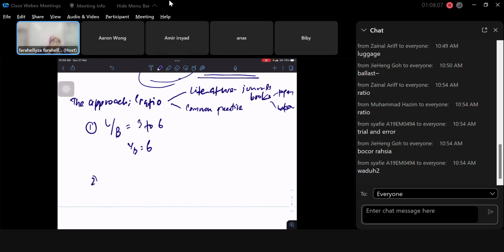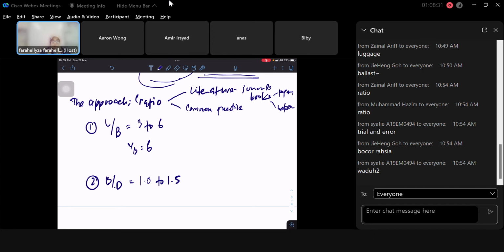Then the second ratio that you need is the B upon D ratio. From common practice or from books, B upon D for barge is usually 1.0 to 1.5, I suppose. This is the breadth to depth ratio.